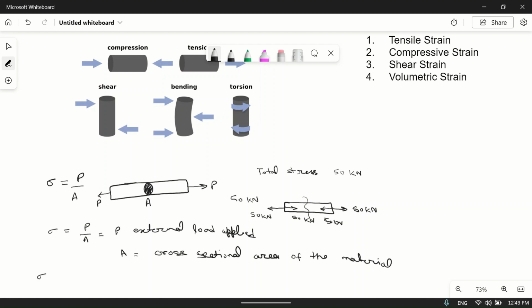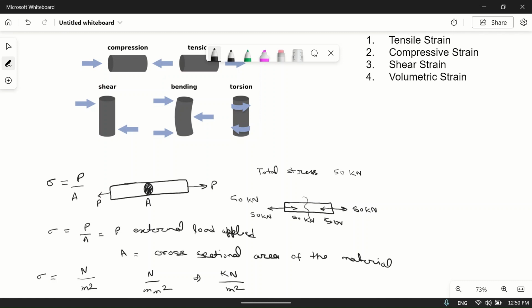So what is the unit of stress? See, load is represented in Newton or kilonewton, and area is represented in meter square. So the unit for stress will be Newton per meter square, or if the area is very small, we can also represent it in Newton per mm square, or if the load is very large, we can write it in kilonewton per meter square.